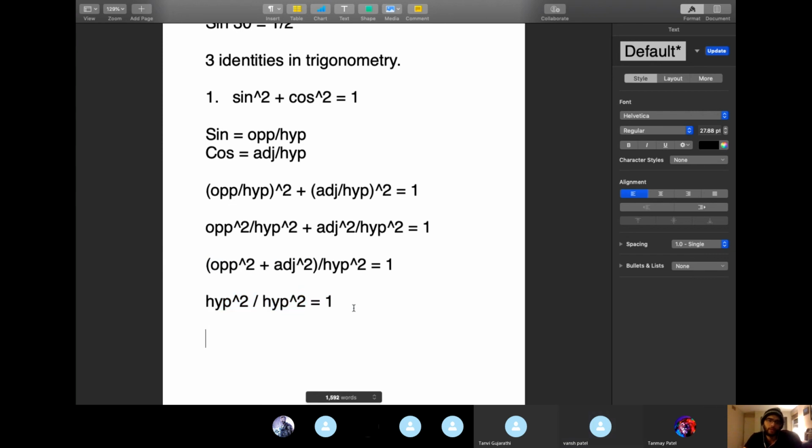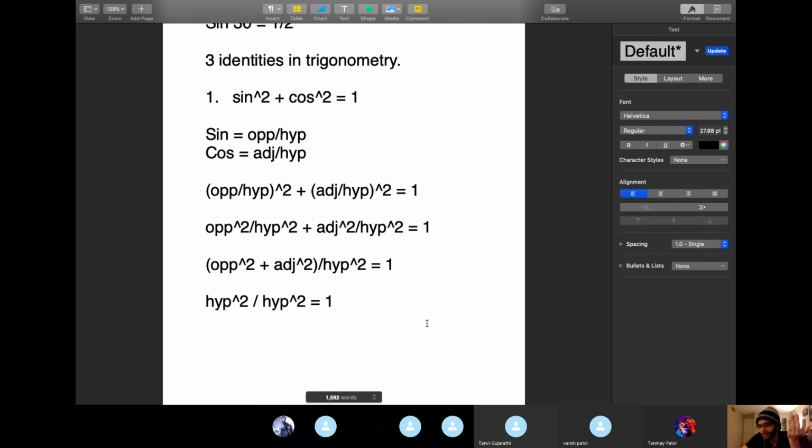Now we don't care whether this is 34 by 34 or 99 by 99. It's the same thing, so it is 1. So without using any example, we have proved that sine squared plus cos squared is 1.